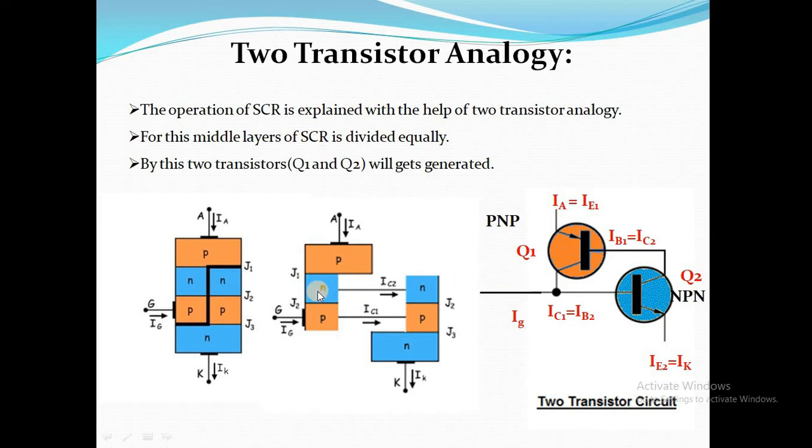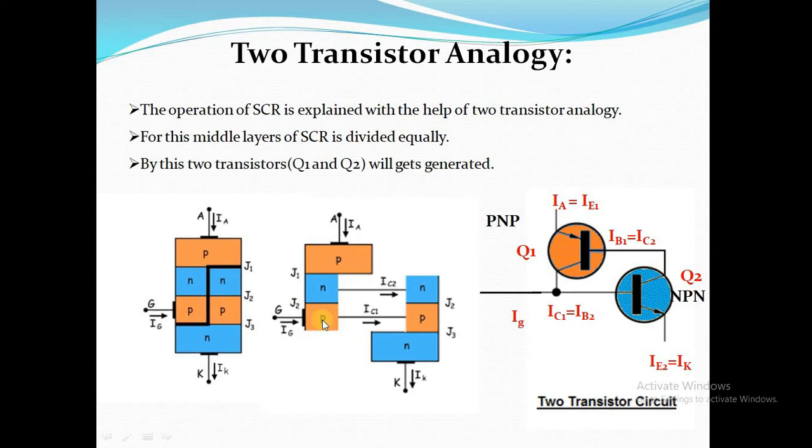Next, the first transistor base is connected to the collector terminal of the second transistor. So this represents the second transistor, and this base is connected to the second transistor collector terminal.